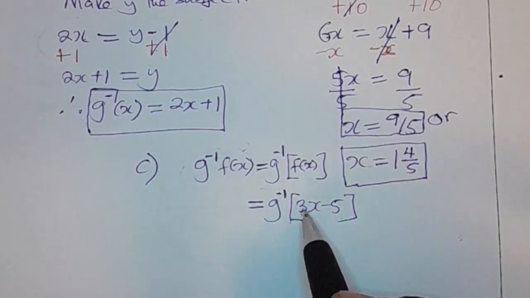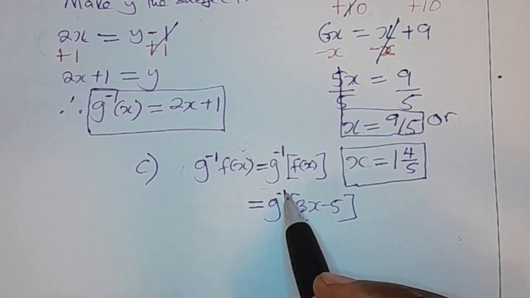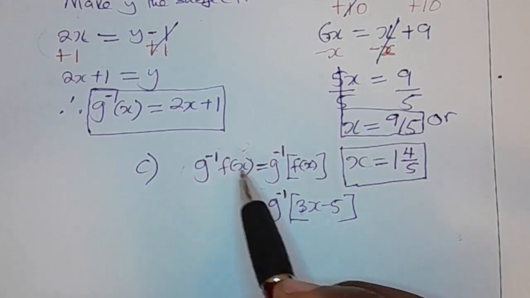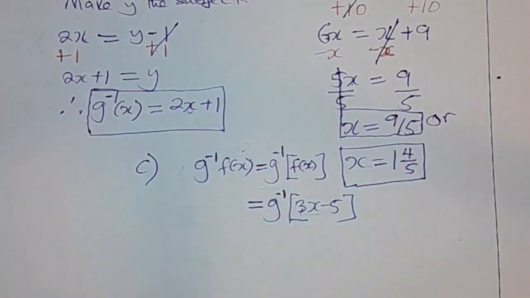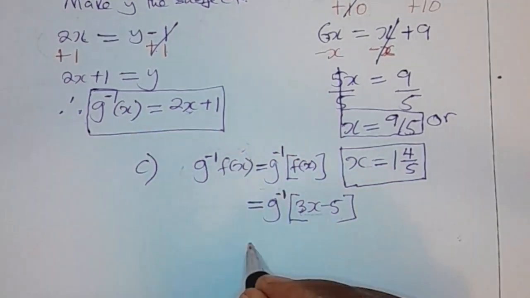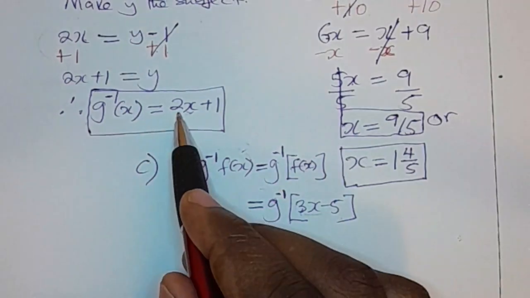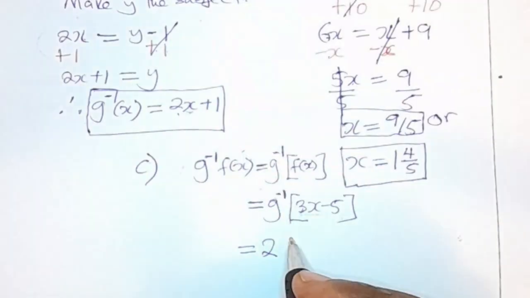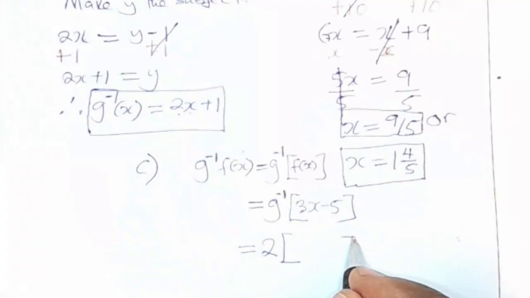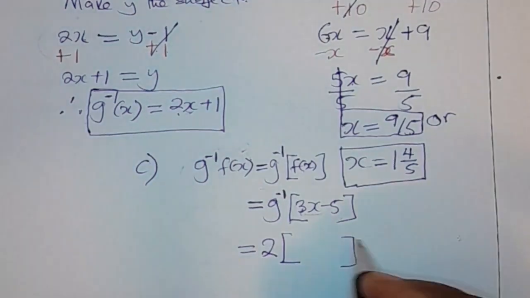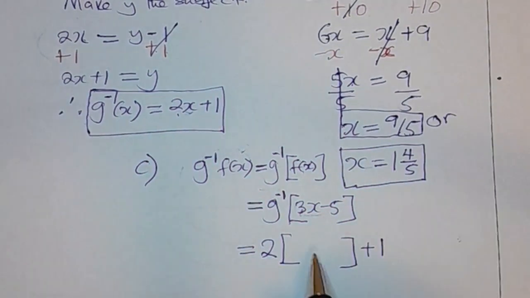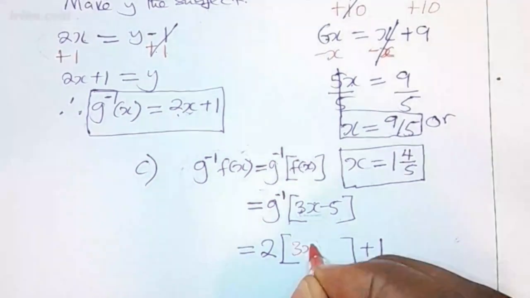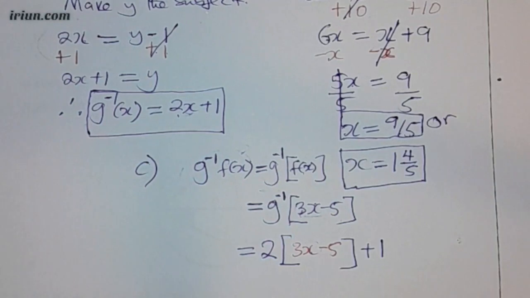Wherever there is x in the inverse of the function g, in this case here, you are going to replace it with 3x minus 5. So I'm writing this 2, so I have 2 here. Then I'm opening the brackets where there's x. Then there's a plus 1 here, so plus 1. So in the brackets here, I'm going to replace this. So 3x minus 5.